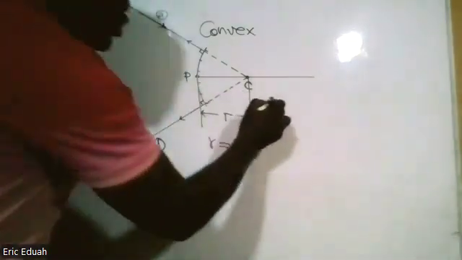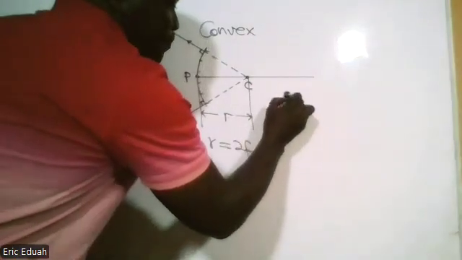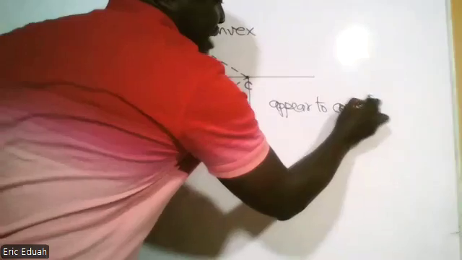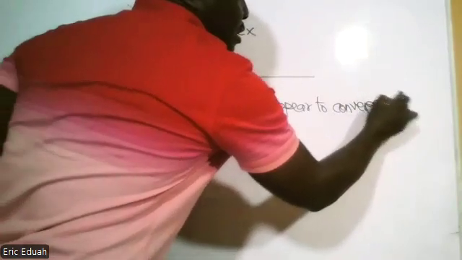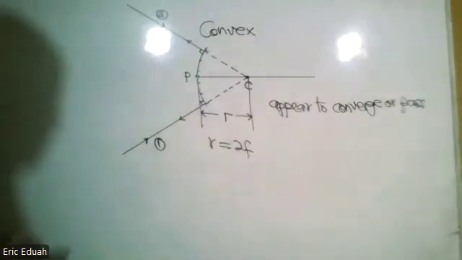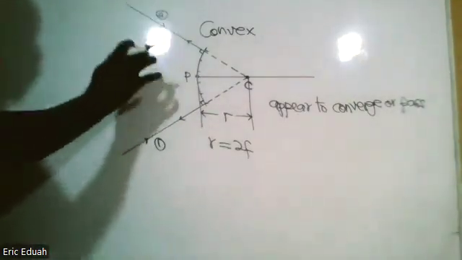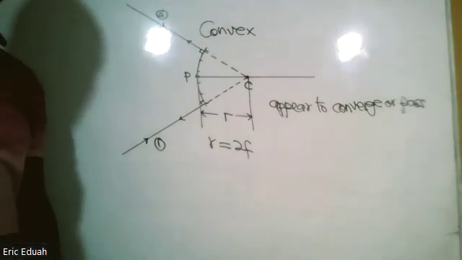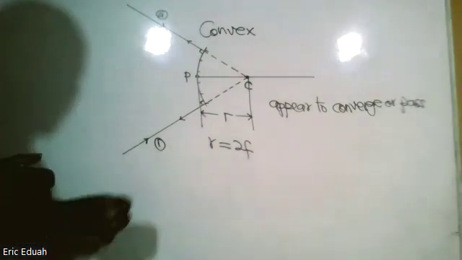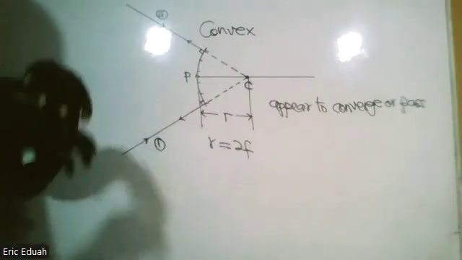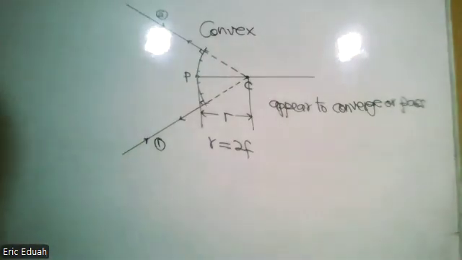Please, when you use appear to converge or pass, then you want to say that this point is virtual. And that does it for the convex mirror. And so the center of curvature and then the radius of curvature for a convex mirror are virtual points.